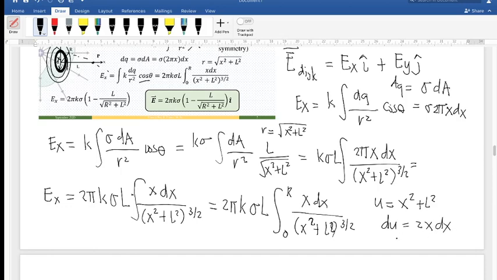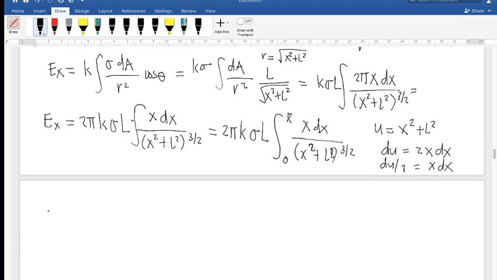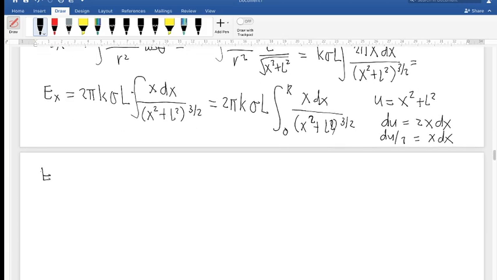So yung x dx mo can be equal to du over 2. Okay, so we have here Ex. So 2 pi k sigma L. X dx is, we have du over 2. Tapos we have u raised to 3 halves.